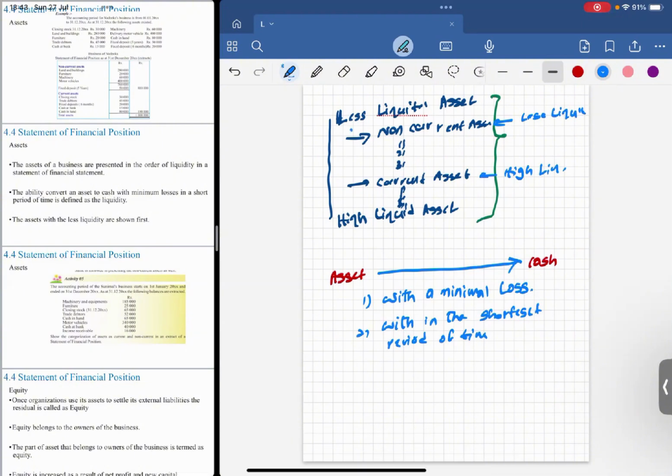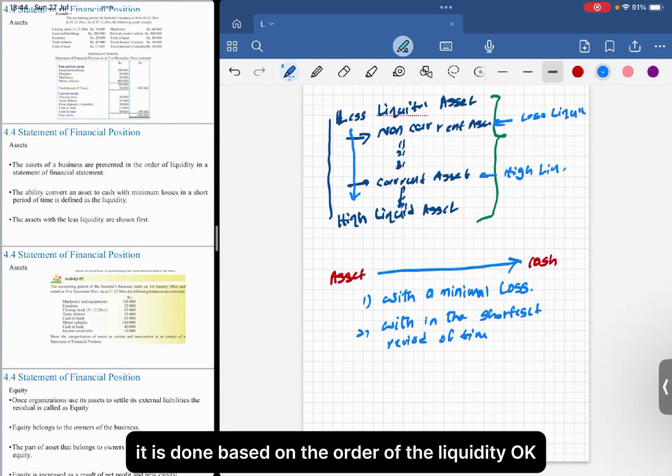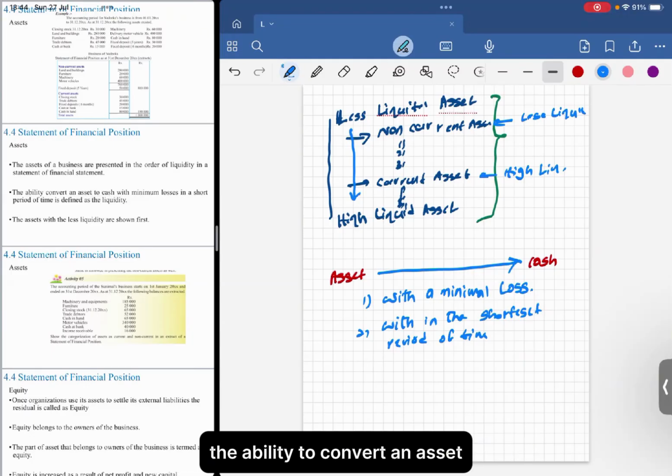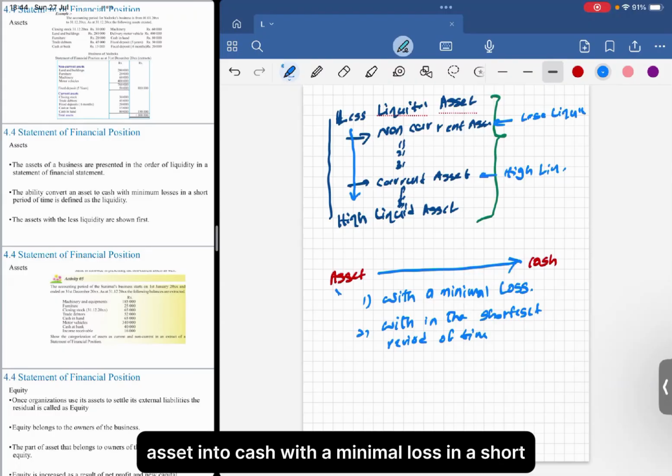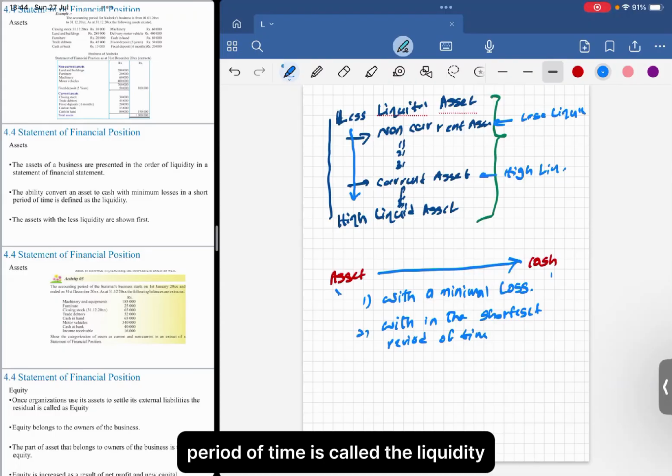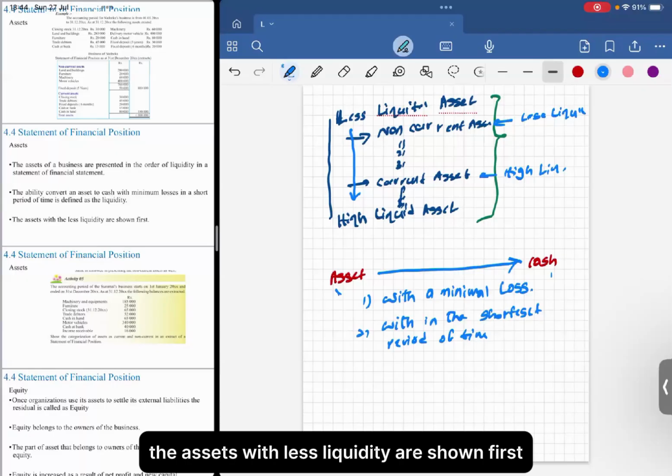The ability to convert an asset into cash with a minimal loss in a short period of time is defined as liquidity. Assets with less liquidity are shown first.